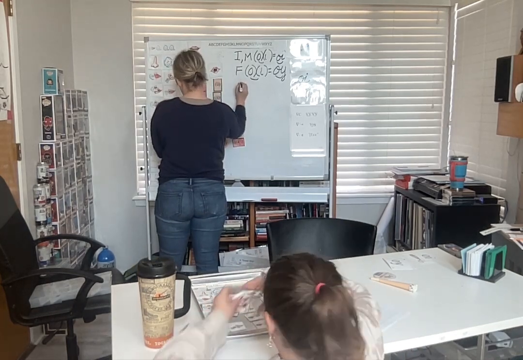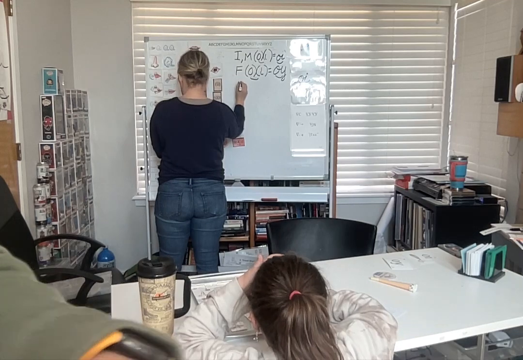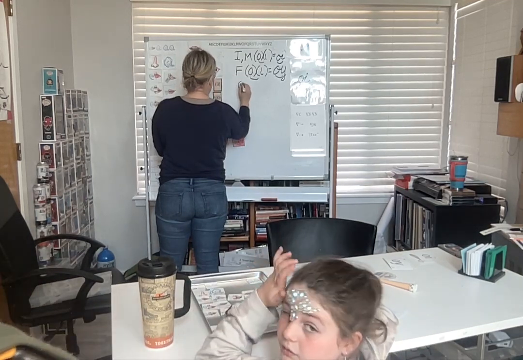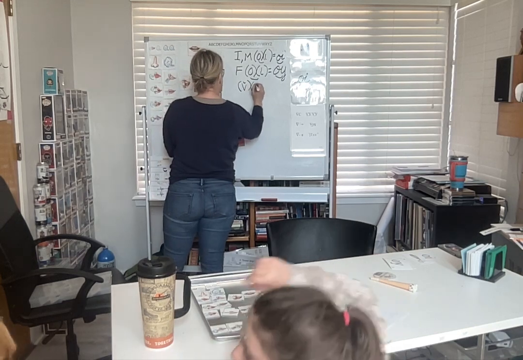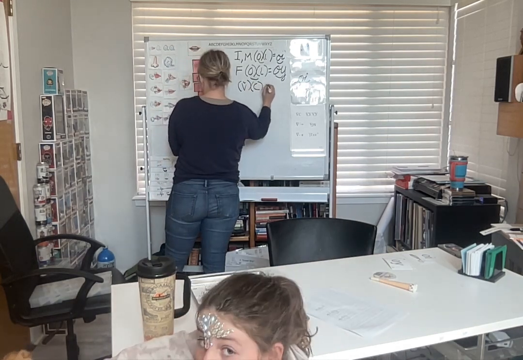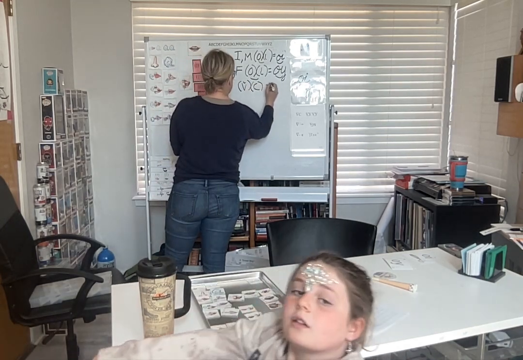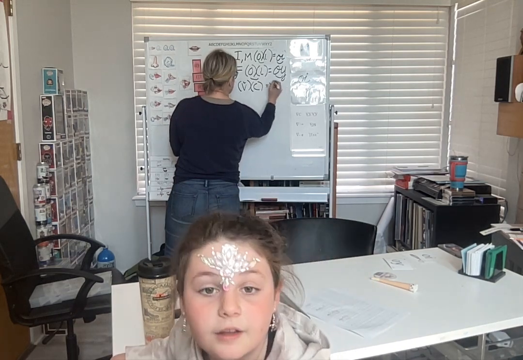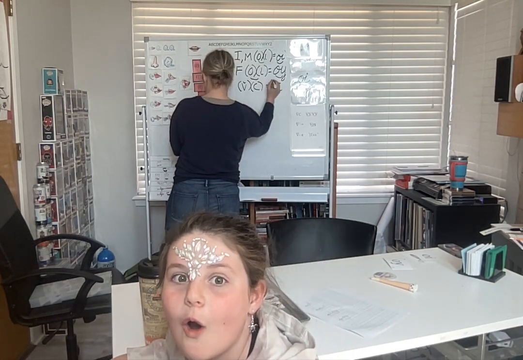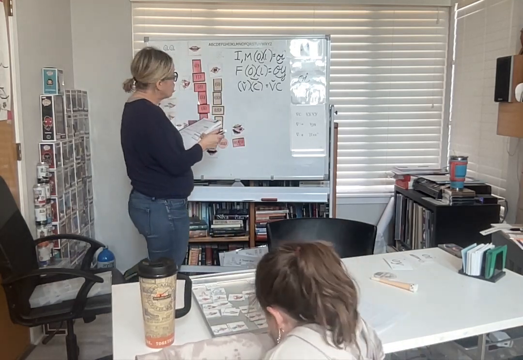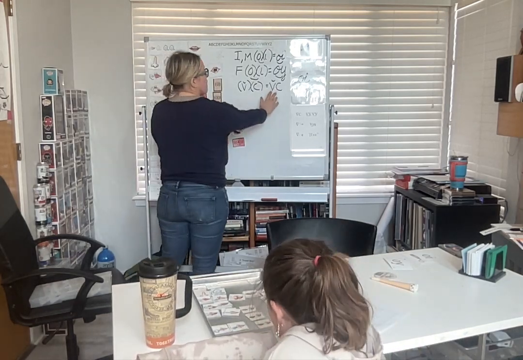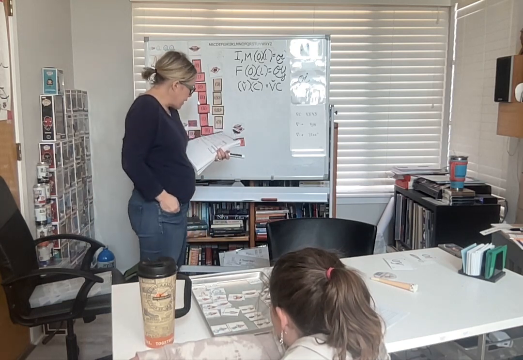All right, we are moving on to our dictation, but before we do that, when we hear a pattern of sound that is a short vowel followed by a consonant, we spell that pattern of sound vowel consonant to close the syllable. All right.